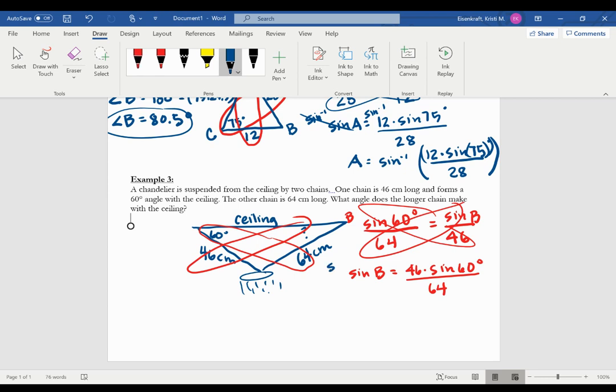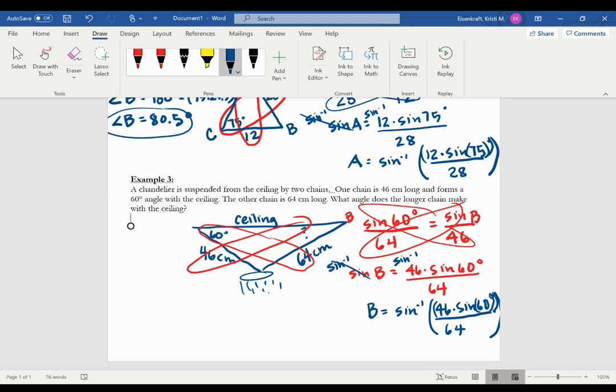Take the inverse sine. B is equal to the inverse sine of 46 times the sine of 60, all over 64. And again, the parentheses need to be totaled, and then they give you little parentheses when you hit sine. So lots of inverse sine.